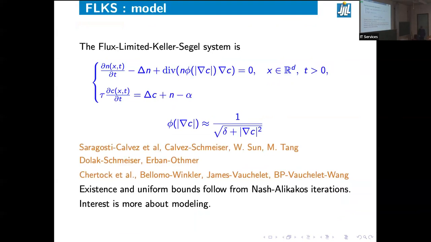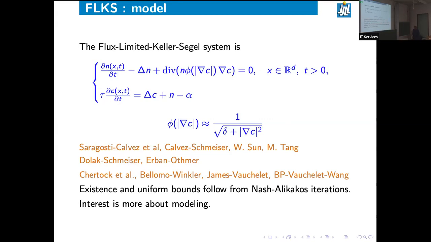So to give a path to the talk, it will be to explain why, to describe the motion of bacteria, at some point you need what I call the flux limited Keller-Segel equation, which is this Fokker-Planck equation, where you have here n, the density of cells, who are moving with a random motion, and we have a drift.